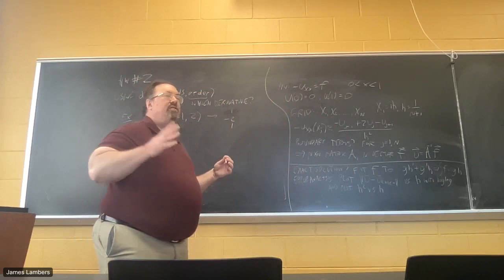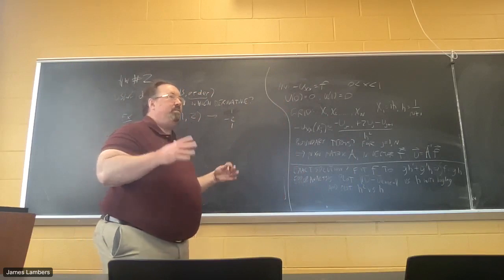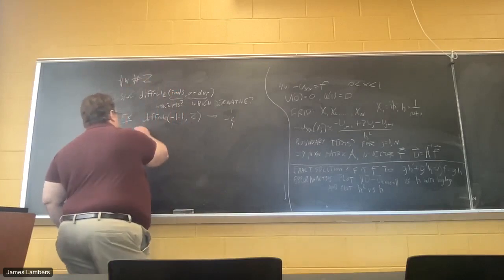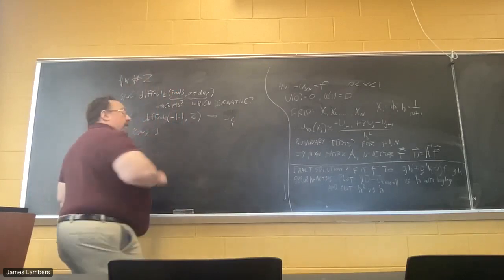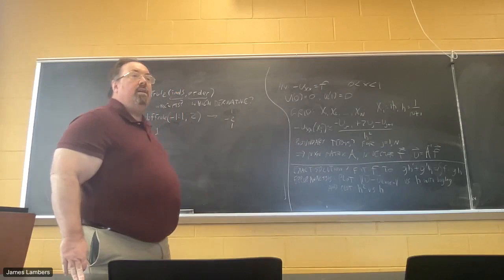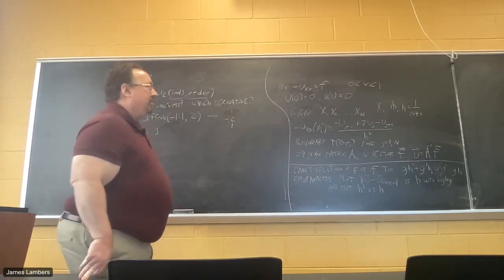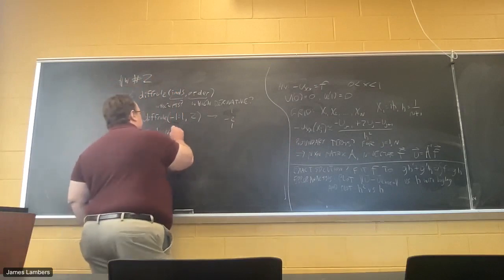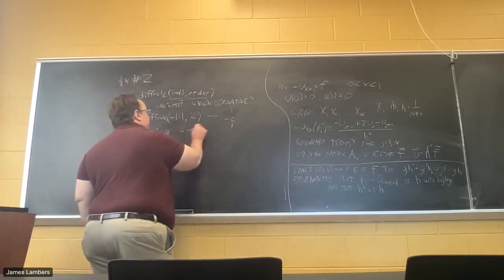It might be one less than that if you have symmetry. Do we need 6 points in this case? That's what I said. Yeah. So when you don't have symmetry to help you out, you're going to need 6. So for rows 1 and n, you need a 6-point stencil.